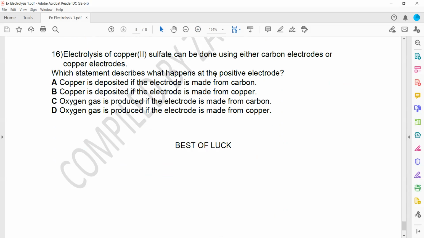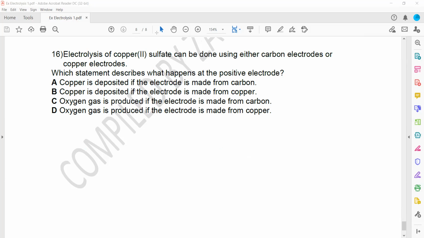Another question: electrolysis of copper(II) sulfate can be done using either a carbon electrode or a copper electrode. You will find many questions related to this topic, like electrolysis using carbon electrodes and copper electrodes.